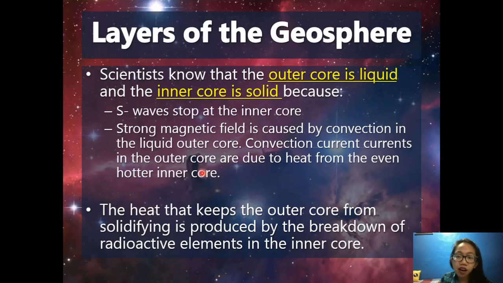Aside from that, the inner core is very hot, because aside from being an originally molten material, you also have radioactive elements within it. So imagine molten material plus radioactive chemical processes that would result in a lot of heat. That produces heat, which transfers to the outer core, which is molten, and also parts of our mantle.